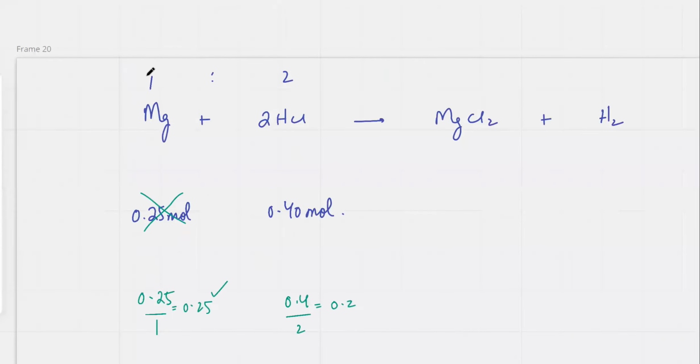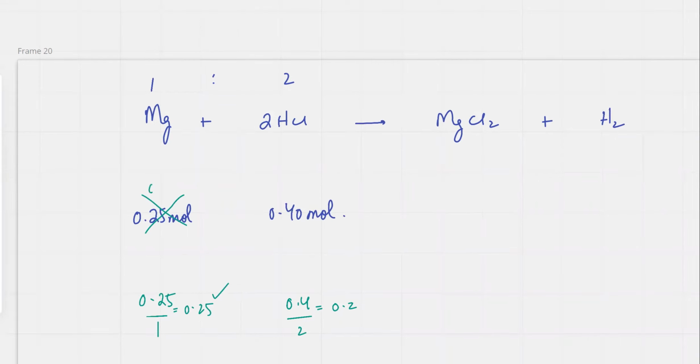According to the ratio 2:1, 0.4 would need how much Mg if 0.4 were to react fully? 2:1, so 0.4 would need 0.2 moles. So 0.25 is clearly more than the required amount. That's the wrong quantity that you added. It's not going to react in the reaction. Only 0.2 are going to take part in the reaction.